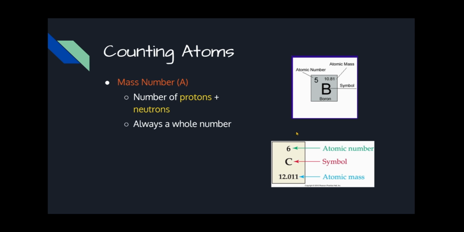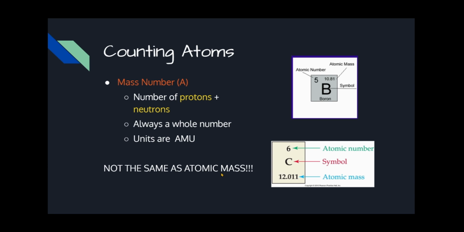Now, if you're looking at the periodic table or at the examples that I have up here, you'll notice that these numbers are not whole numbers. Well, that's because this is the atomic mass, and the mass number and the atomic mass are not the same thing. Just to confuse you, we have two different terms, mass number and atomic mass, but they don't mean the same thing.